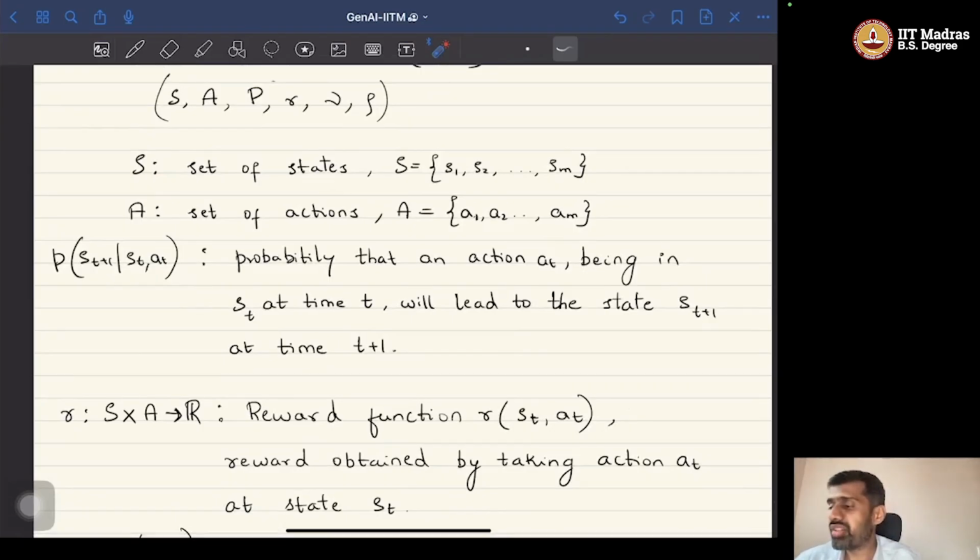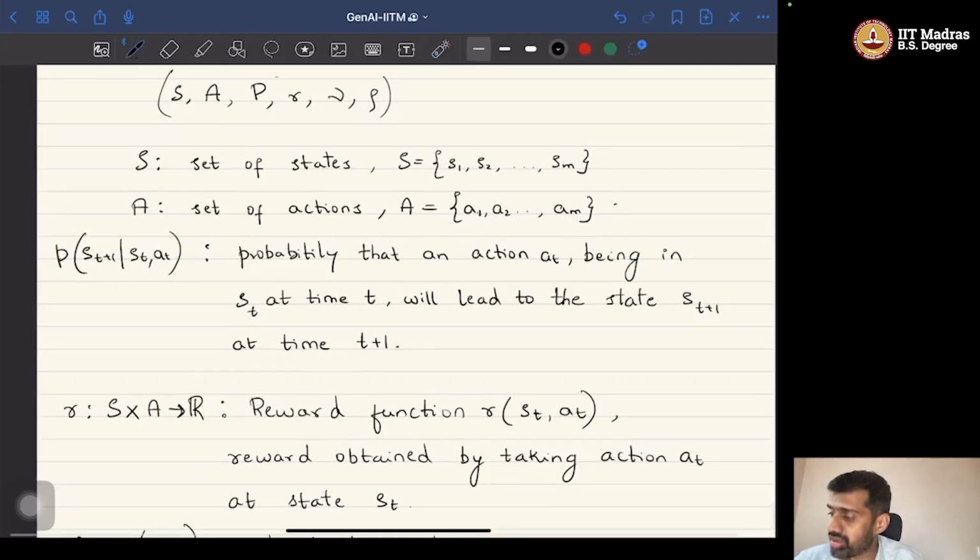It can be a finite set of m elements, and capital A defines a set of possible actions. This is also called the action space, and the set S is called the state space of an MDP.